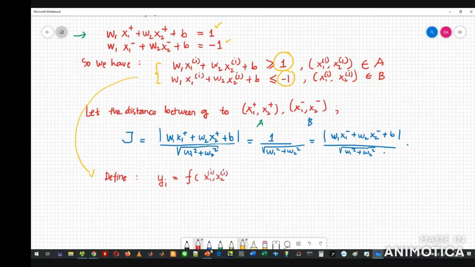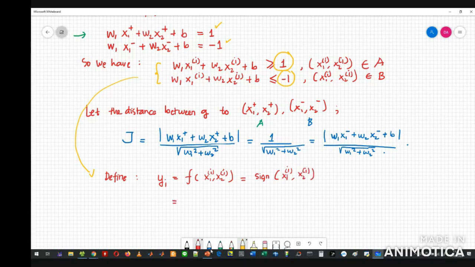This is just to differentiate between positive and negative, so this is the sign of x1 i, x2 i.